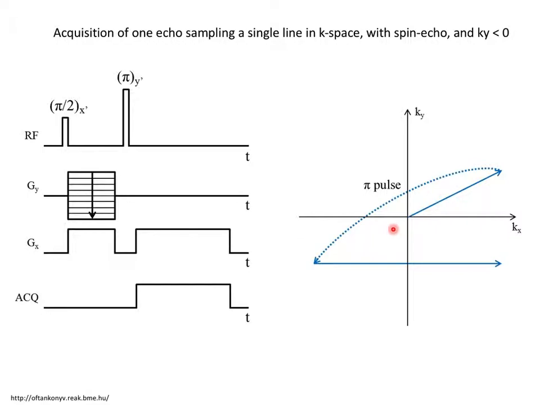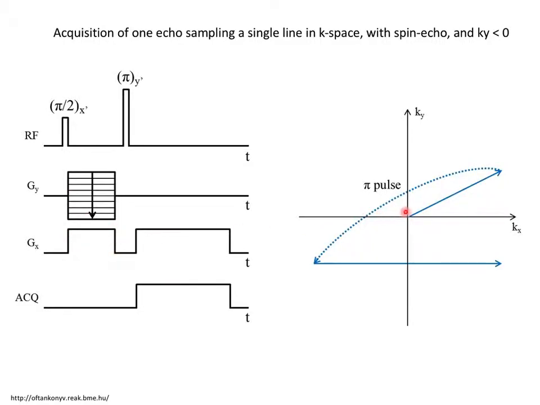So what we do is we create magnetization in the transverse plane with a 90-degree pulse, so the magnetization vectors all drop into the transverse plane.